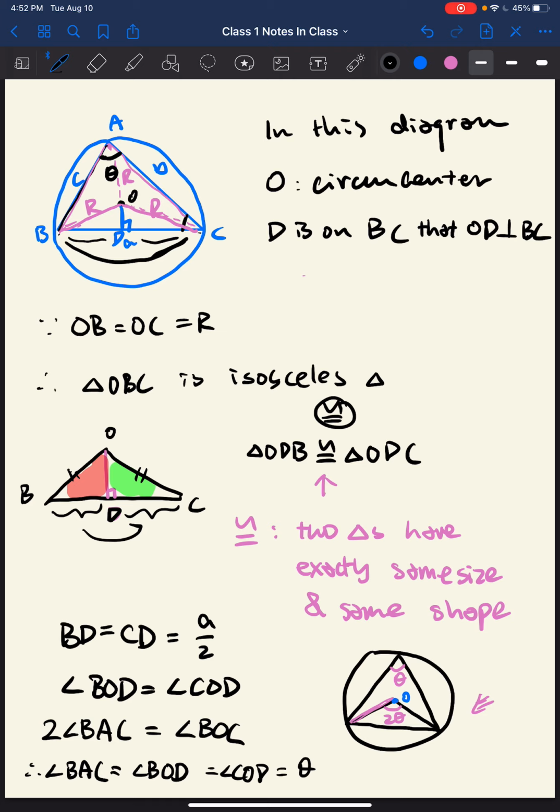So BAC obviously equals theta, right? BOD, since it is half of BOC and BOC equals 2 theta, half of that should also equal theta, and same idea for COD.